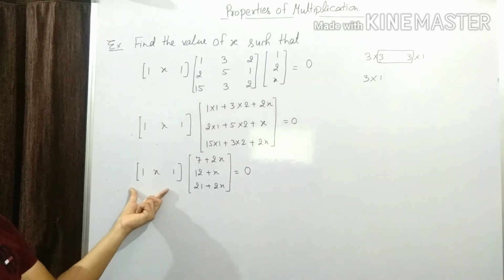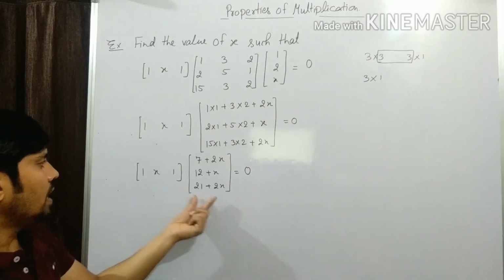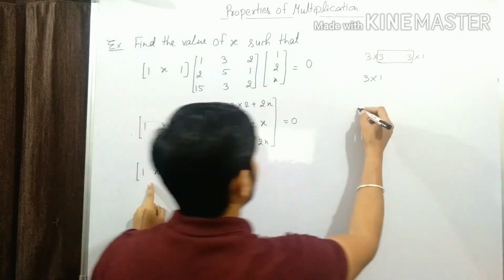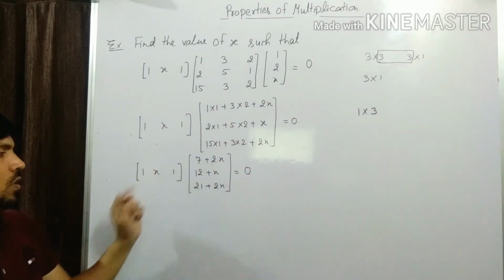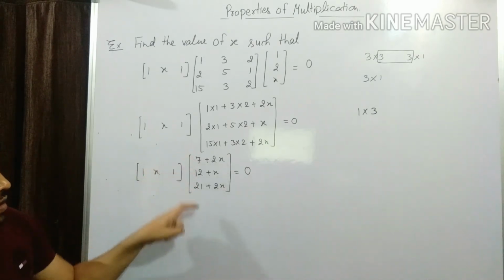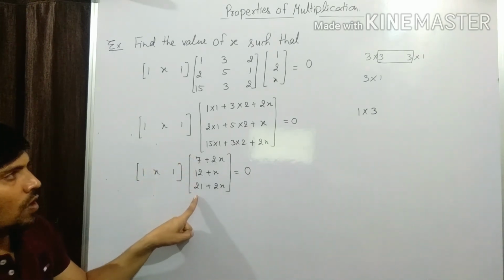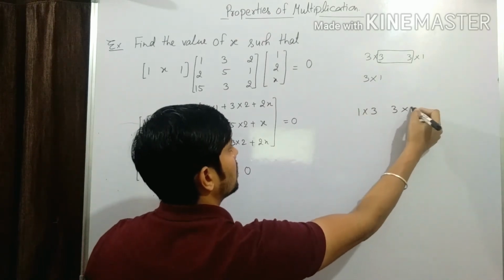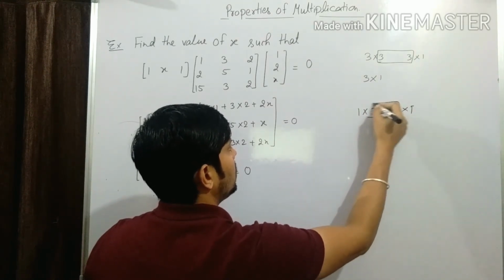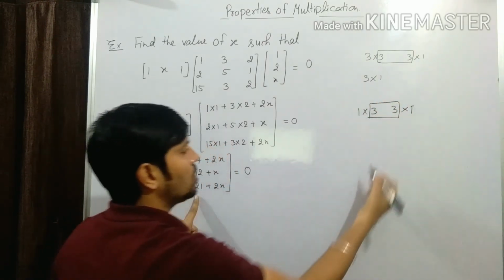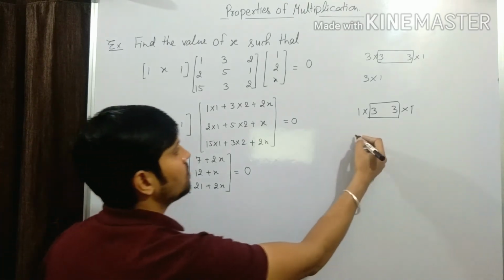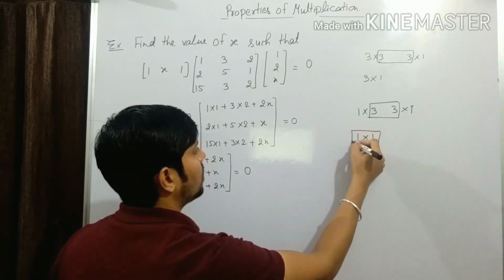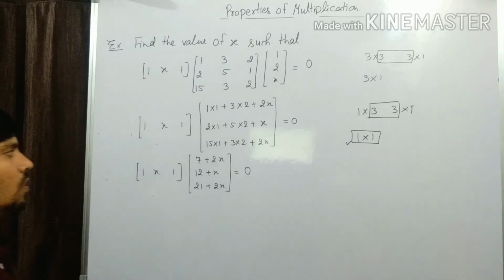Now again we see the order of this and this matrix. The order of this matrix is 1 cross 3 because it has 1 row and 3 columns, and this is the matrix which we have formed, of order 3 cross 1. Again the product is possible, and the matrix formed will have order 1 cross 1.